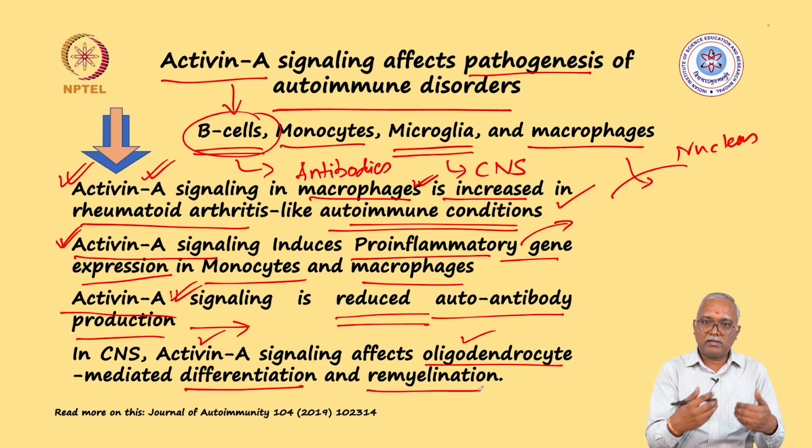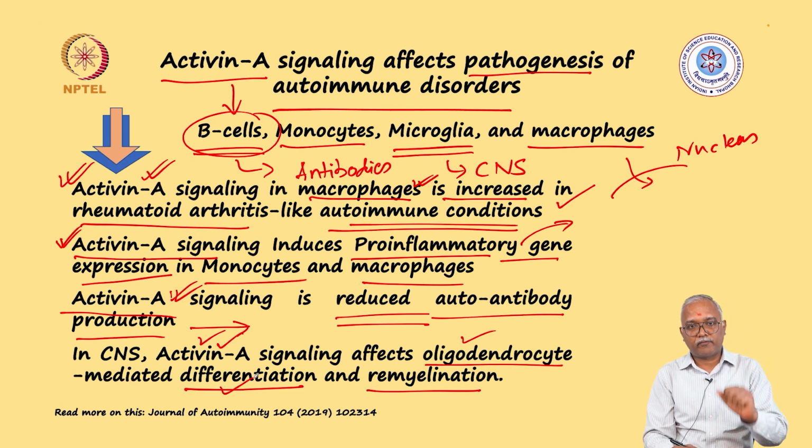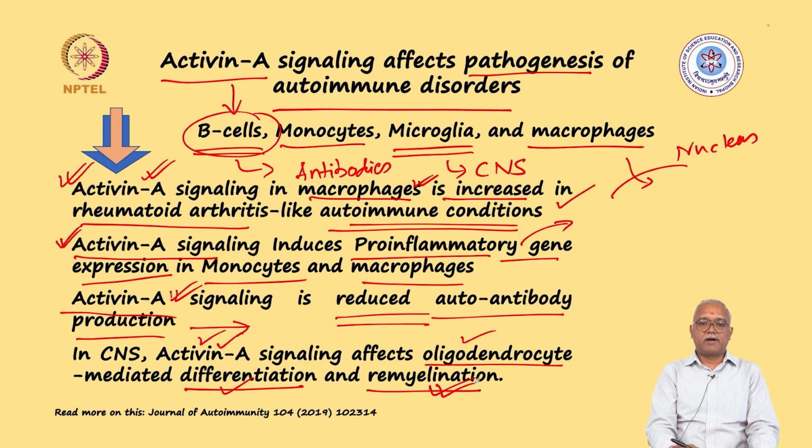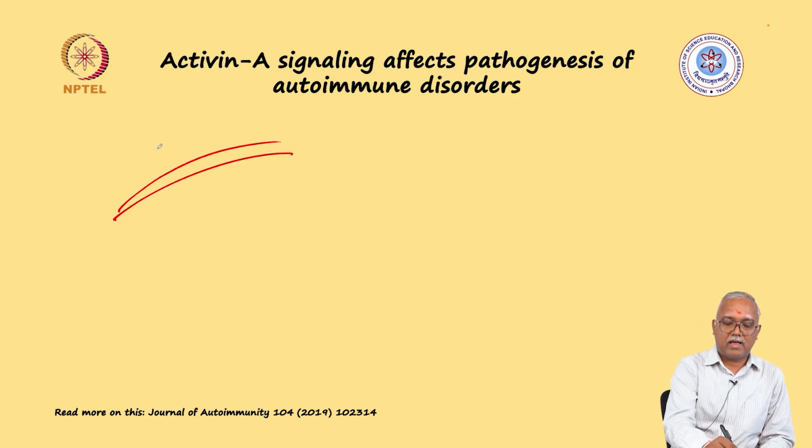Normally they will prevent any damage from happening, but if damage has happened, through this signaling they will differentiate further so that they can perform the function of myelination and restore the myelination of the damaged axon.